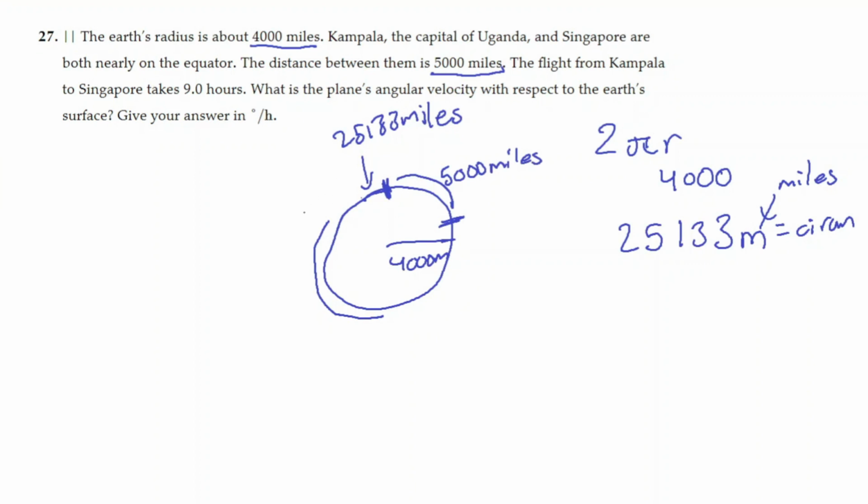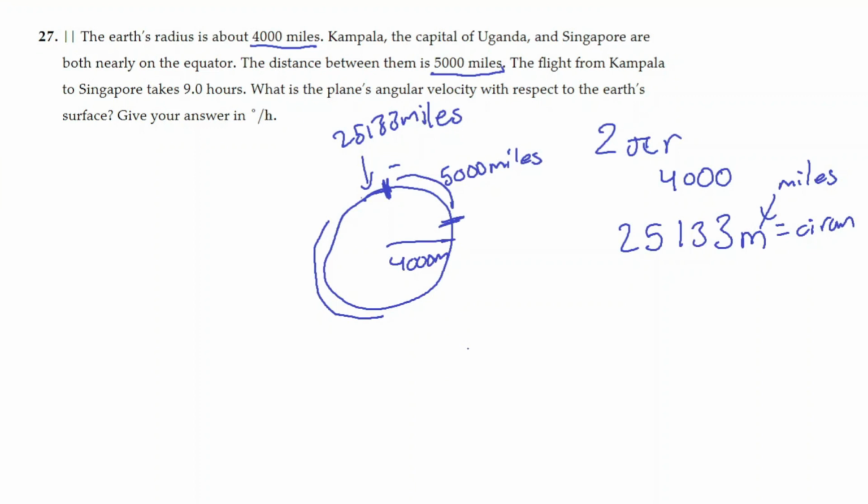And the distance of the whole circumference is 25,133 miles. So let's use some proportions here to figure out how much angular distance they're covering in that 9 hours.